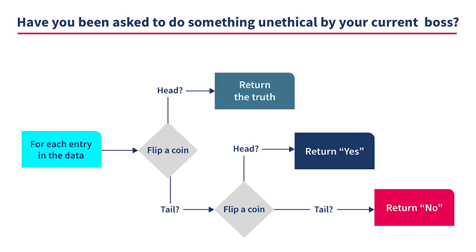And if it's tails, then you will return no. This process creates plausible deniability for individuals because they can deny their answer because of the randomness of the coin toss. The coin doesn't need to be balanced. You can change the ratio of truth to noise. And analysts can still mathematically infer the percentage of people who were actually asked to do something unethical by their current boss.